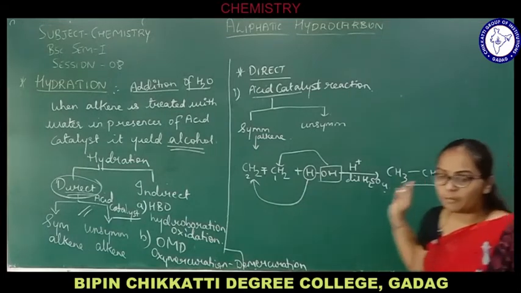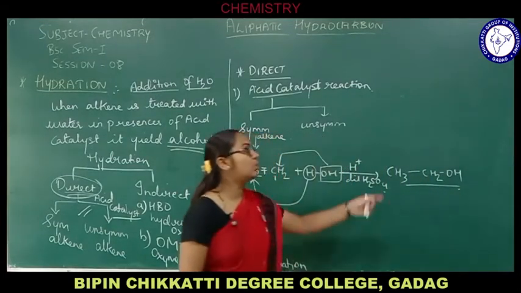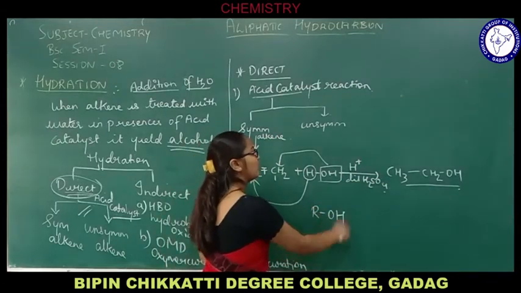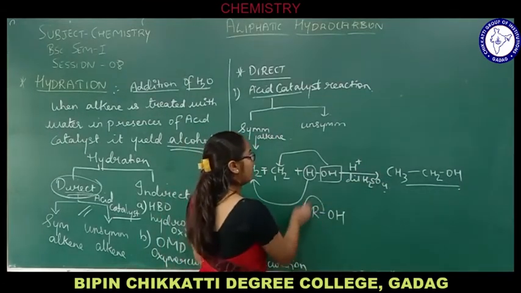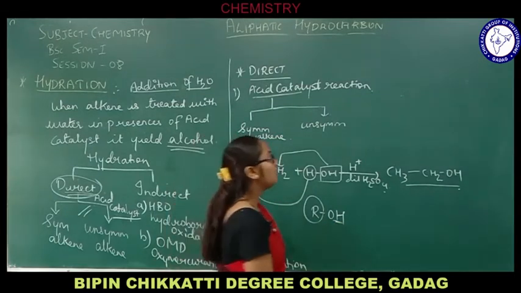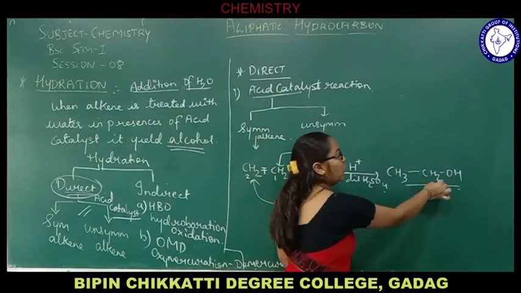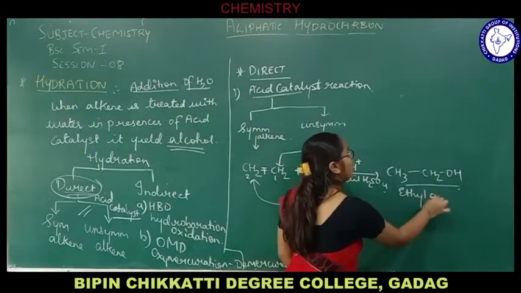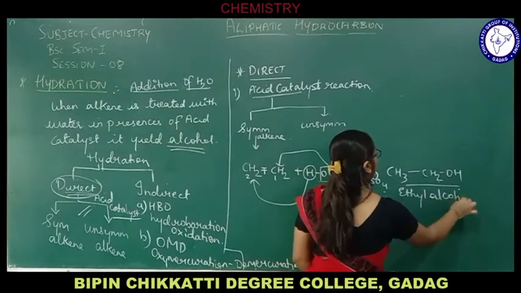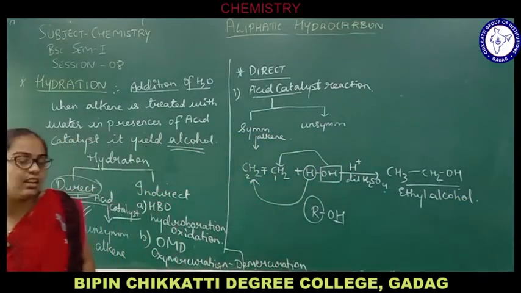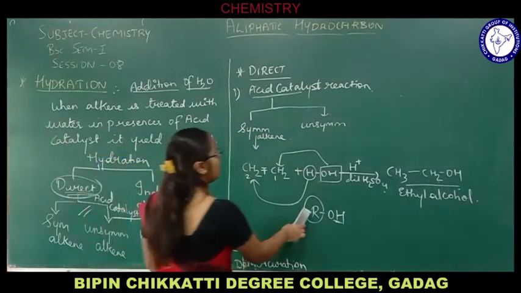The main product formed here is alcohol, because alcohol has a functional group called ROH, where R stands for alkyl group and OH is a hydroxyl, the alcoholic group. So this is an ethyl group and this is OH. The name for this product is ethyl alcohol or ethanol. This is the primary alcohol, 1 degree alcohol.